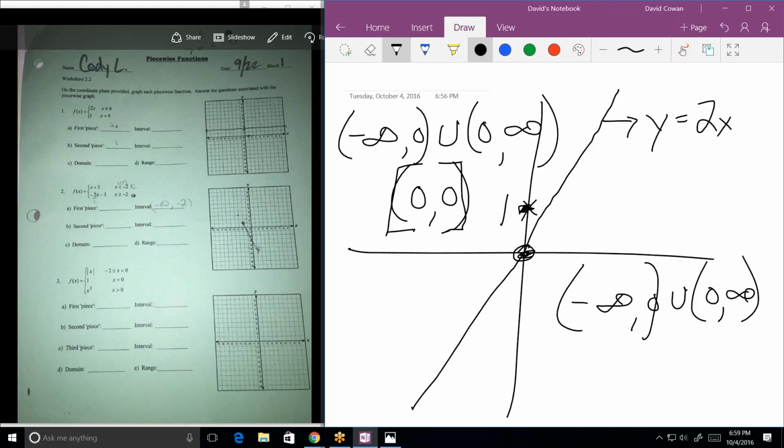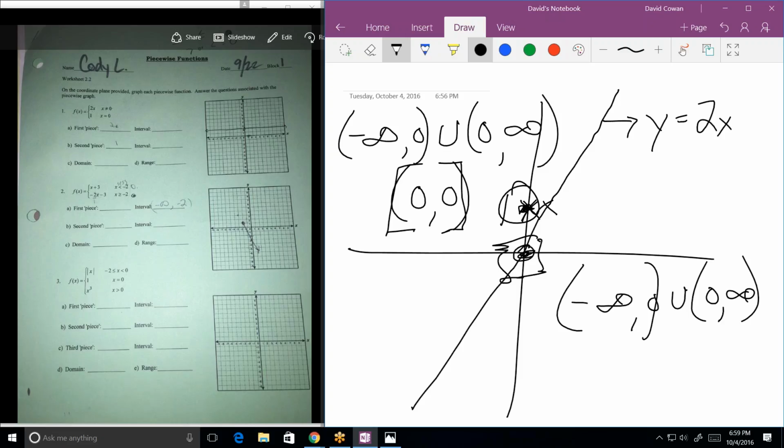I don't believe y equals 0 is in the range. It's not there because when x is equal to 0, y is equal to 1. Well, y is equal to 1 there, and it's also equal to 1 there. So 1 is certainly in the range, but y of 0 is not.